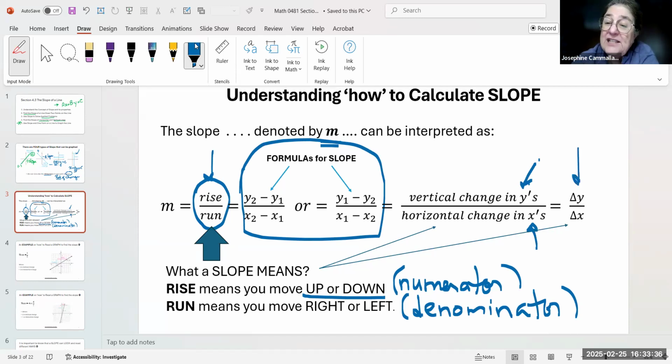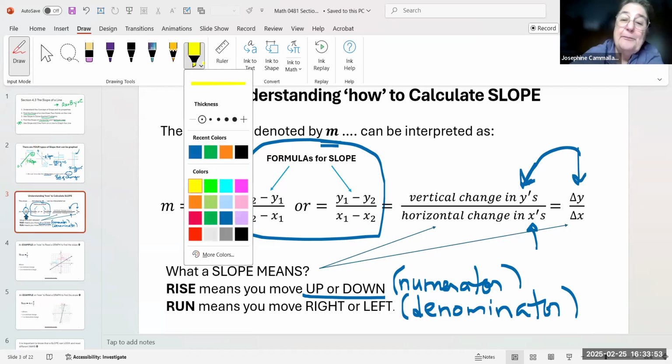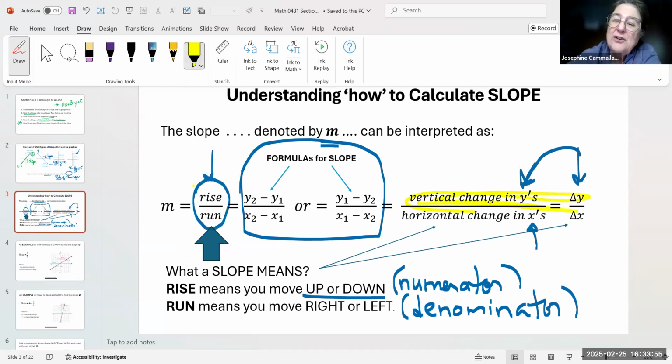Now, this delta symbol over delta x is a math symbol that comes later on, but it means vertical changes in y, horizontal changes in x. So these last two over here, we're not going to see as much, but we will see the rise over run, and we're going to see the formulas.